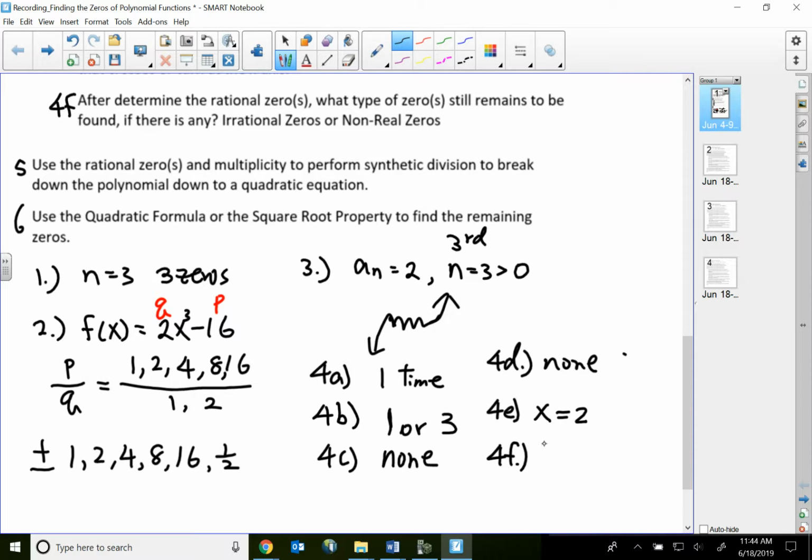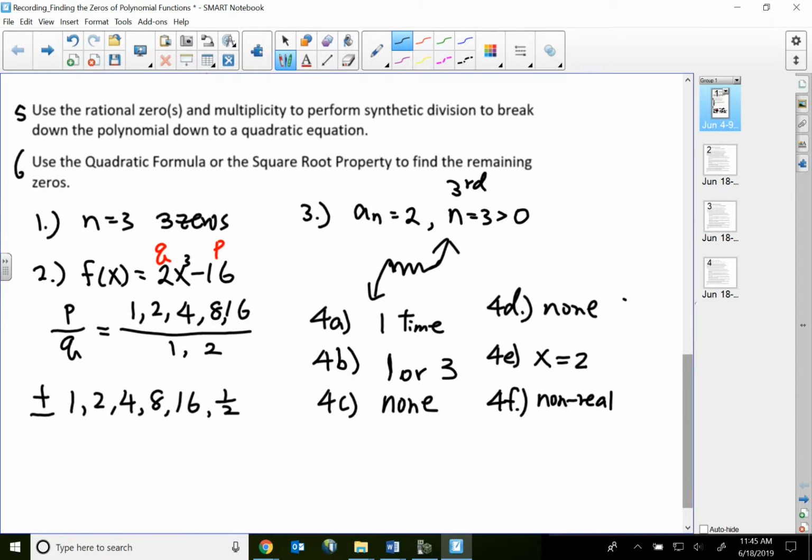All right, what type of zero still remain to be found? Non-real. All right, so if it's non-real, I'm assuming that the multiplicity for that 2 is going to be 1. If the actual multiplicity is 3, then the other 2 is actually going to just be another 2, not the non-real ones.